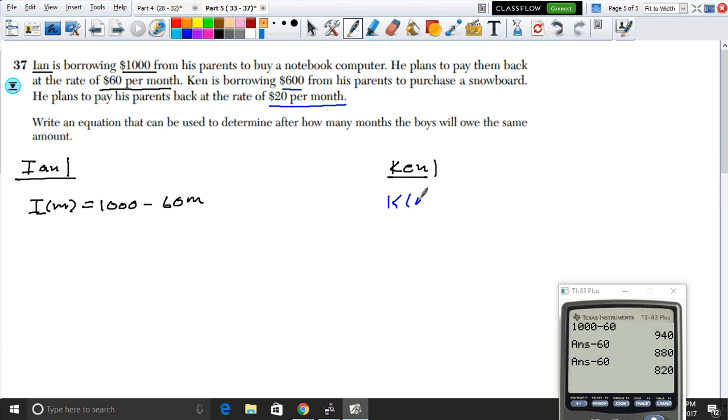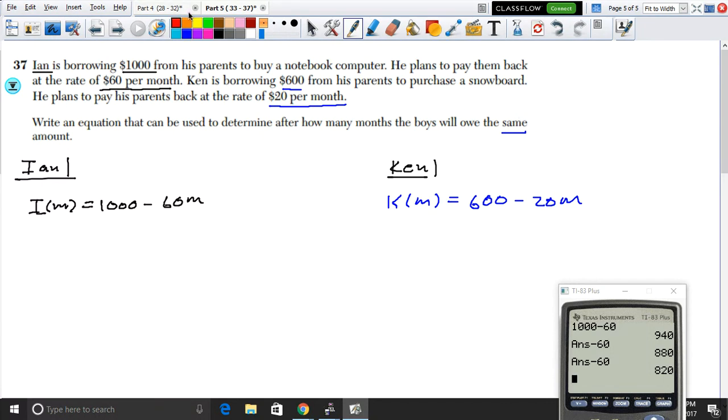Well, for Ken, he's going to owe 600, which he borrowed at the beginning, and every month he's going to be paying $20. So it says here, let's write an equation that can be used to determine after how many months the boys will owe the same amount of money.